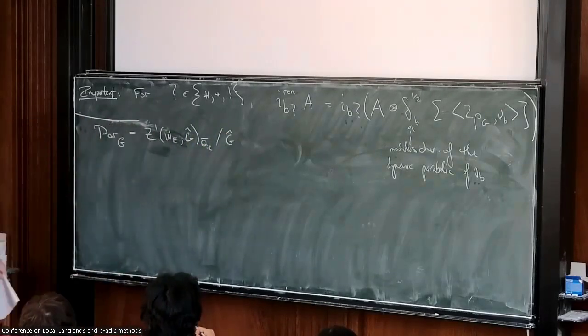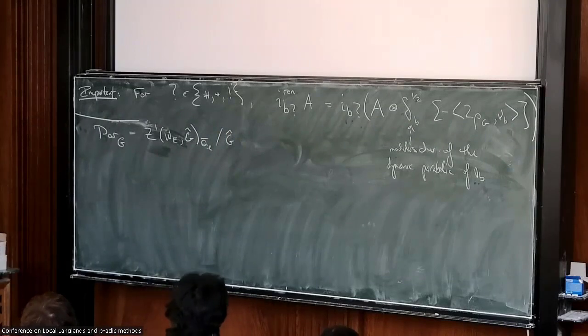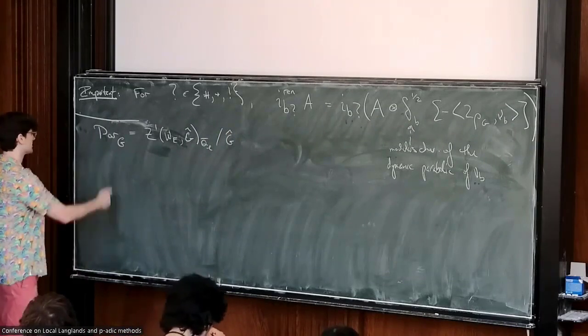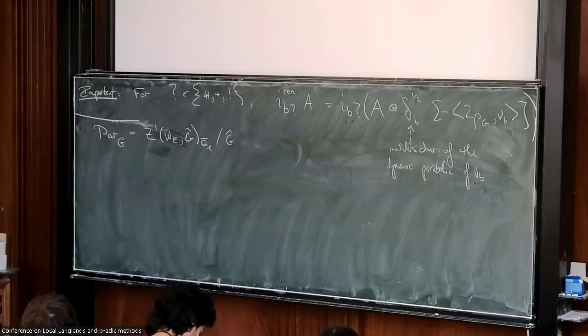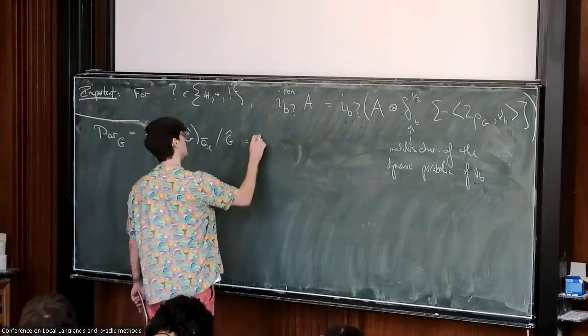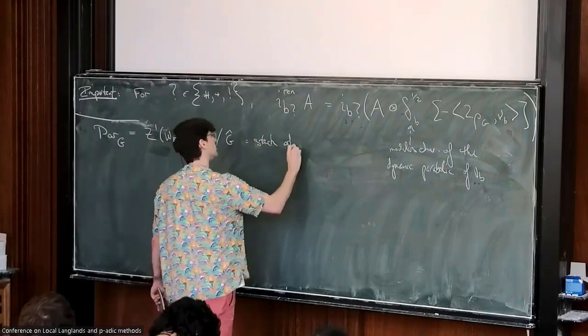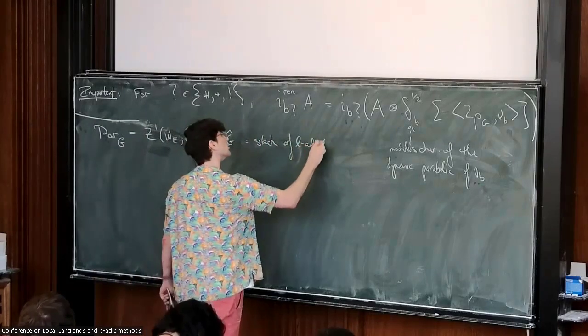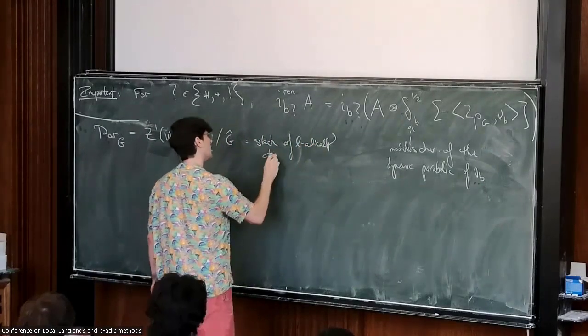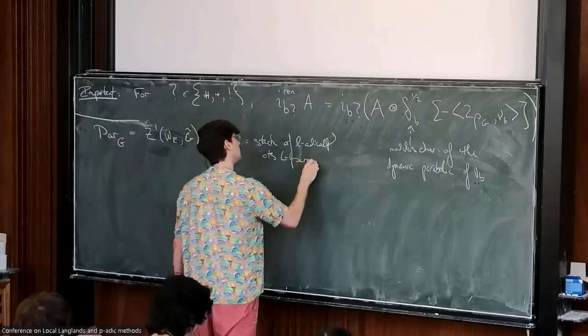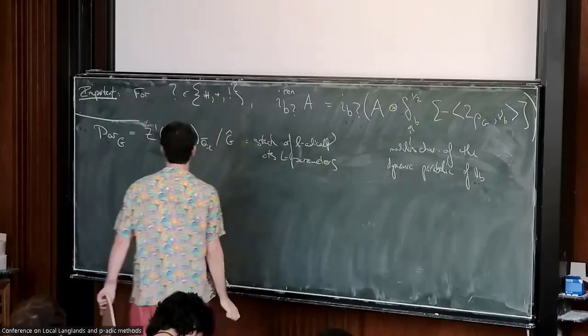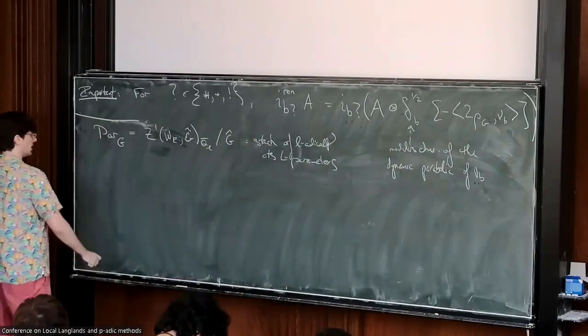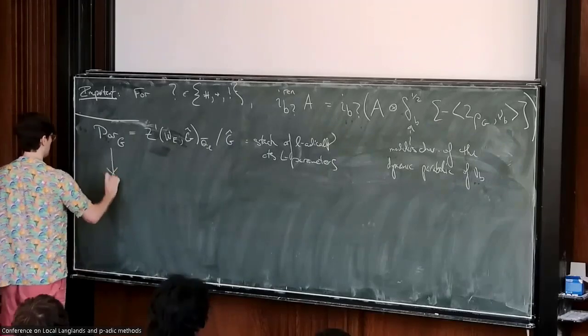So this is the stack of L-adically continuous L parameters with coefficients in QL bar. I'm just going to write par G for this.